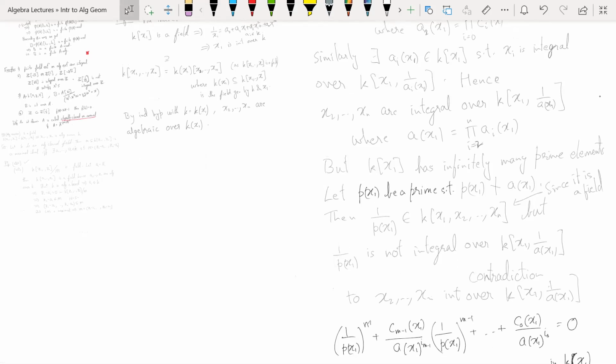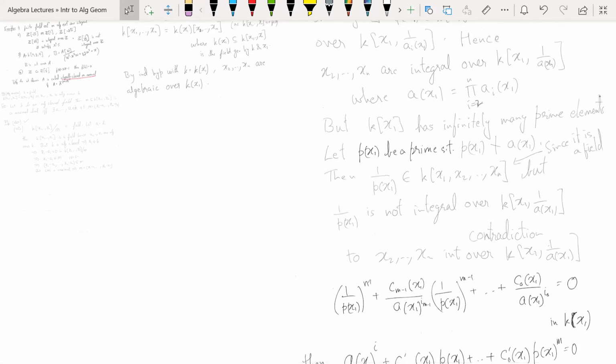So why is 1 over px1 not integral over this? As I said, the proof is sort of similar to the Q to Z case. There also I told you to just complete the proof. So this is the idea. Suppose it is integral.